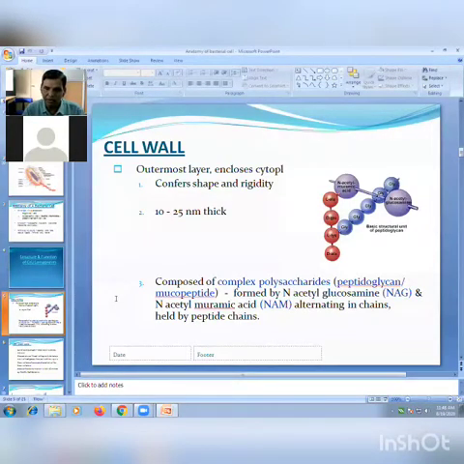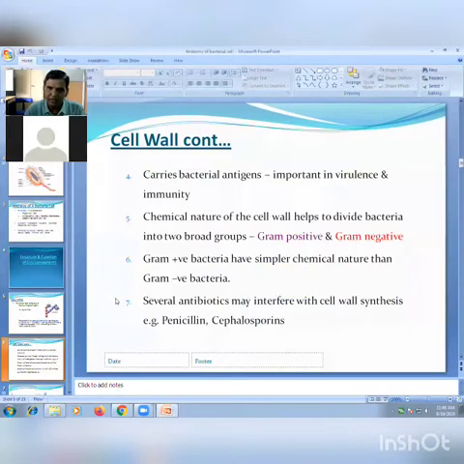Different glycan strands are attached to each other. The third amino acid of one glycan strand is attached to the fourth amino acid of another, and such a bridge is produced. Because of the formation of the bridge, rigidity is given to the cell wall of bacteria. This is about the peptidoglycan.